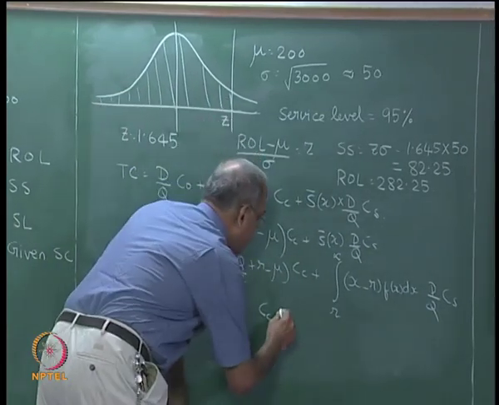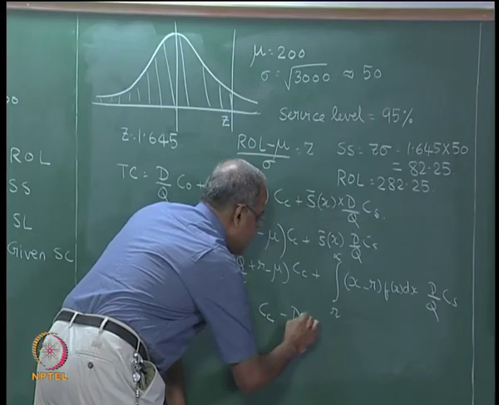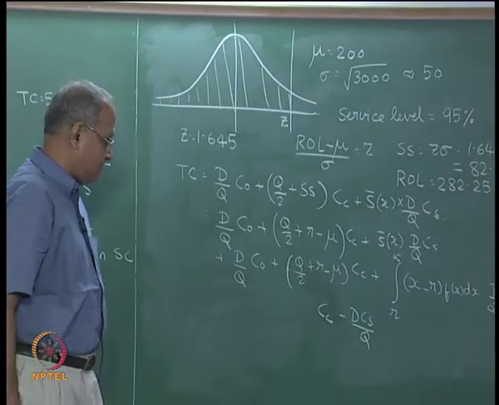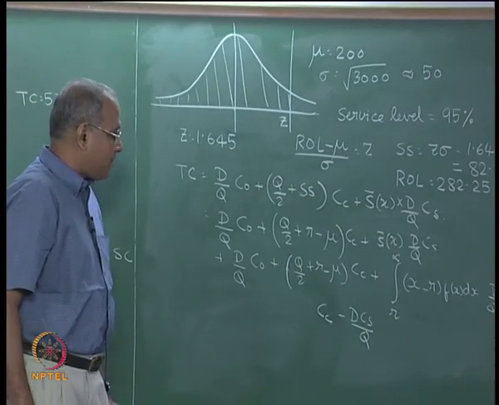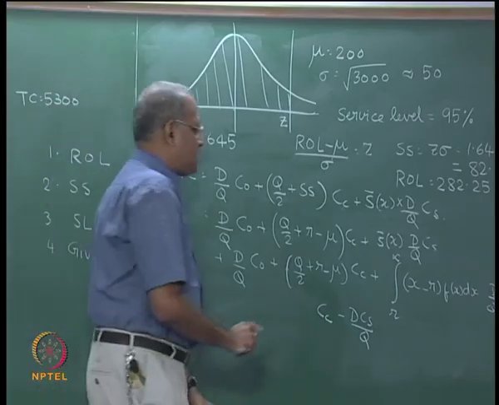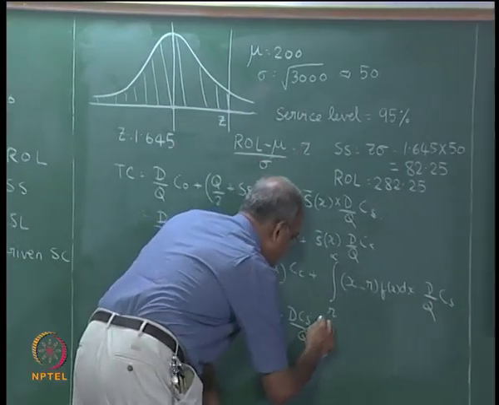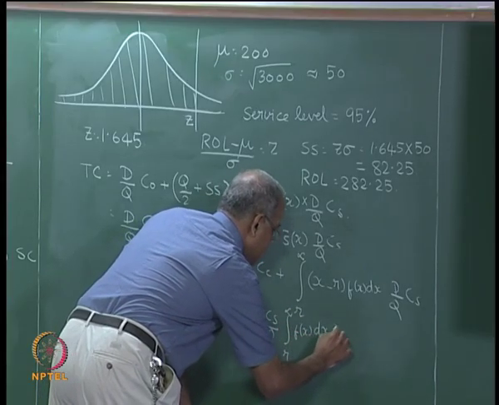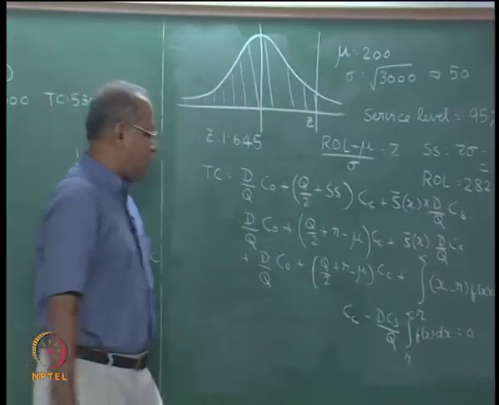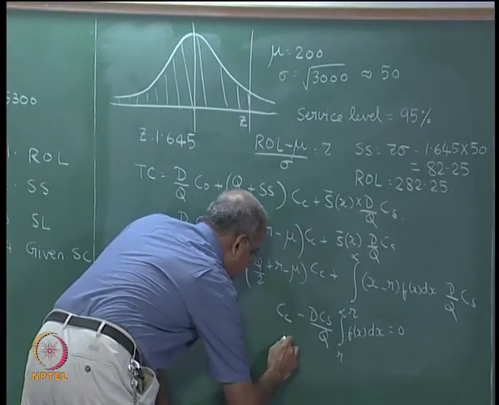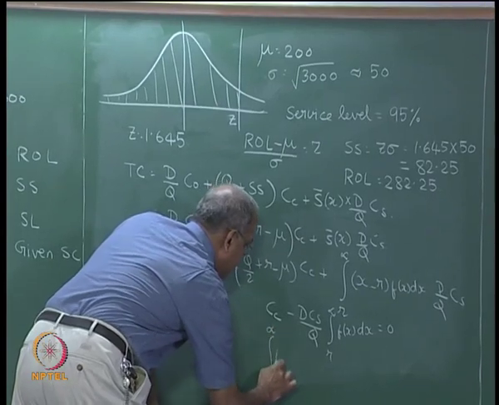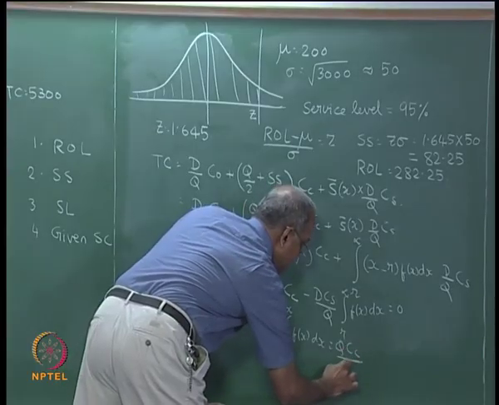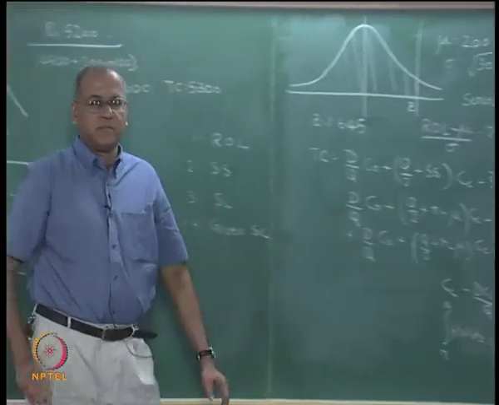Now here we will have minus dCs by q, and then we also need this integration that will come, so integral r to infinity fx dx equal to 0, from which we would get this expression: integral r to infinity fx dx will be equal to qCc by dCs.